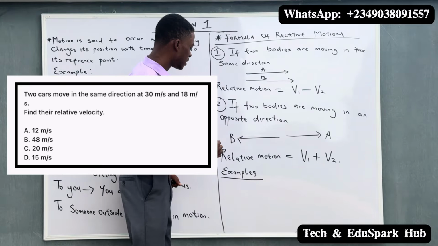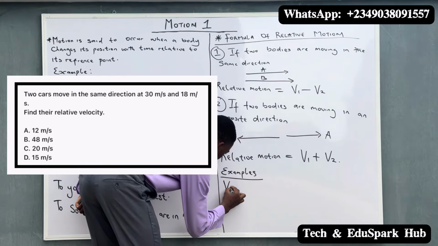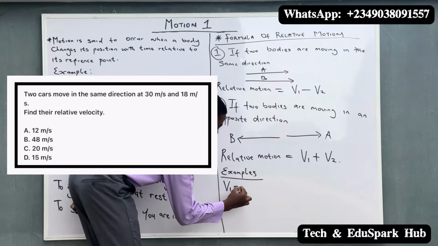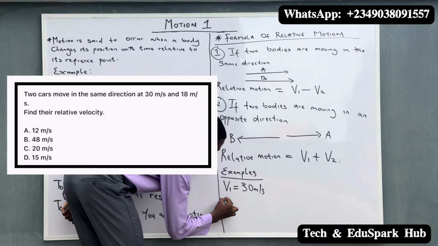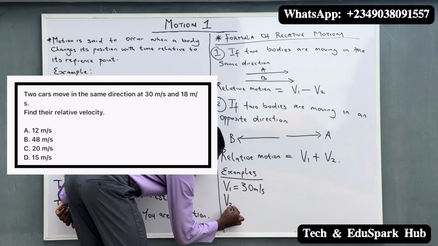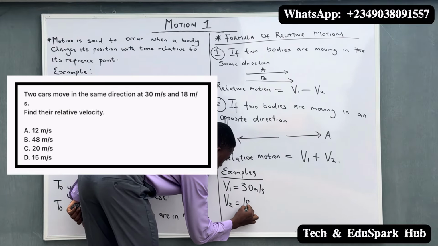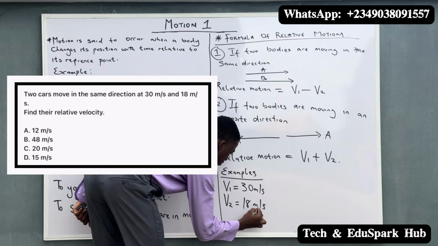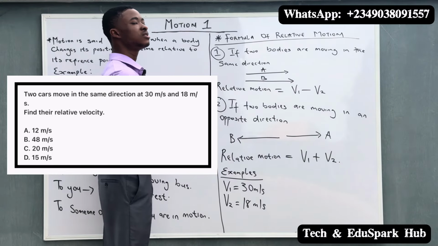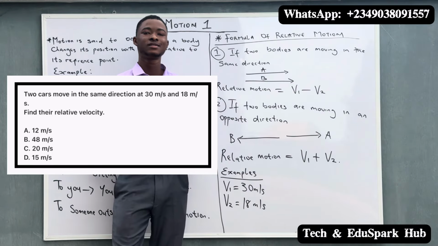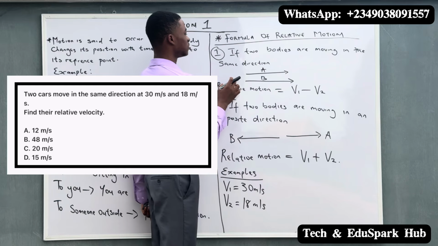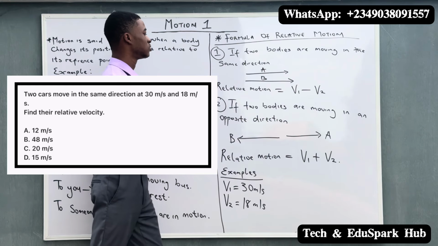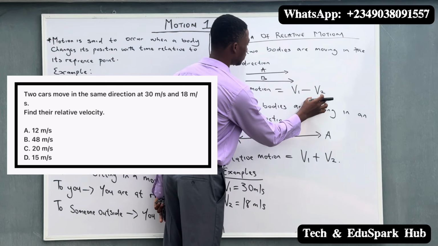So in this case, we are given V1 equal to 30 meters per second, and V2 equal to 18 meters per second. And the question says these two bodies are moving in the same direction. And we said if two bodies are moving in the same direction, their relative motion will be given as V1 minus V2.